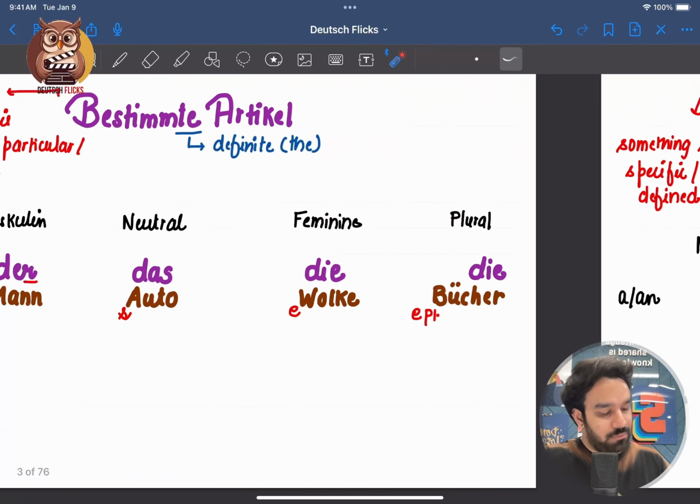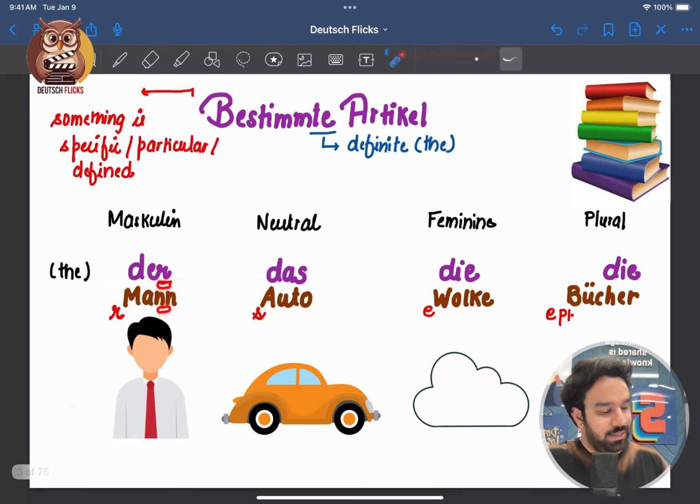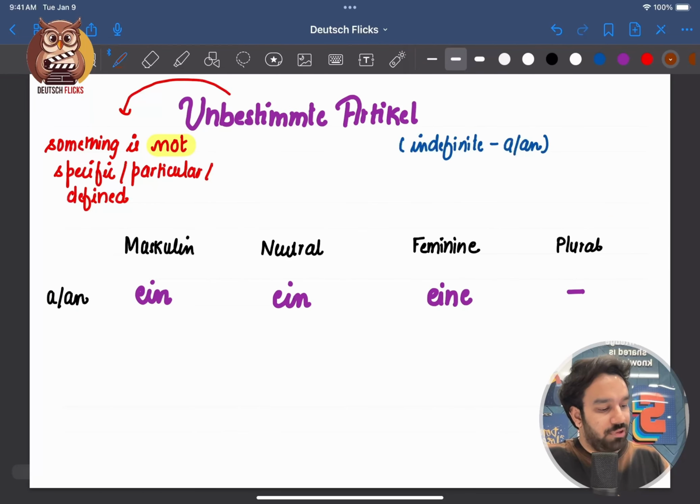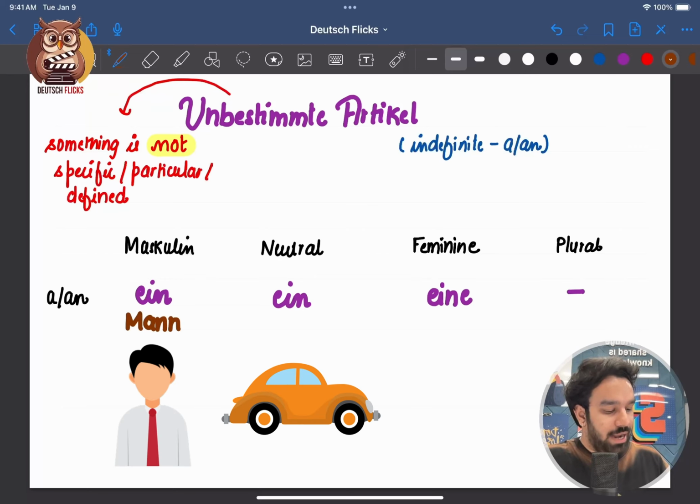In the previous example, we had der Mann, das Auto, die Wolke. So we'll write them as they are. A man will be called ein Mann. Ein Auto, a car. Eine Wolke, a cloud.